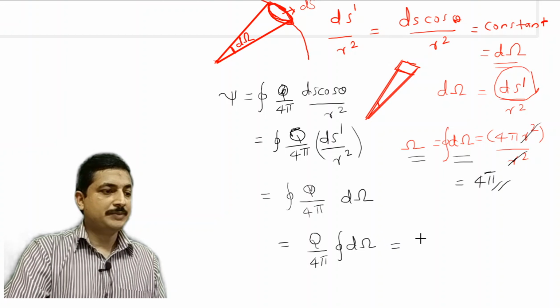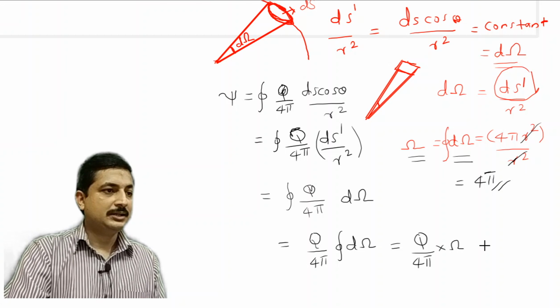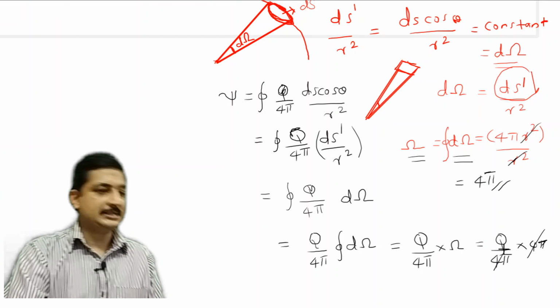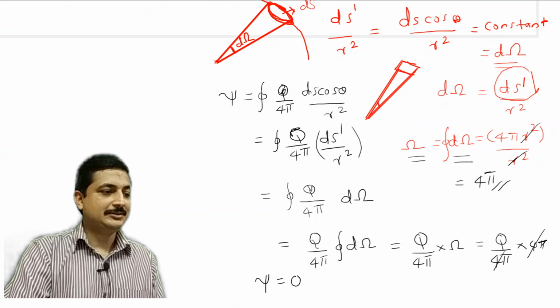So this becomes Q divided by 4 pi into omega. What is omega? Omega is 4 pi. So I get Q by 4 pi into 4 pi. This 4 pi cancels, I remain with Q, so I get psi is equal to Q.